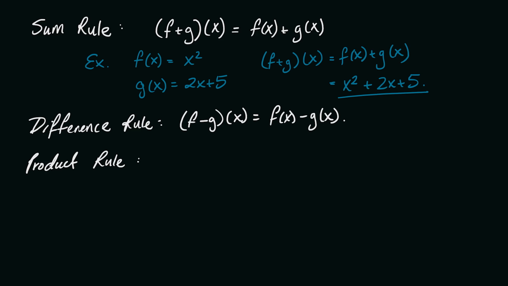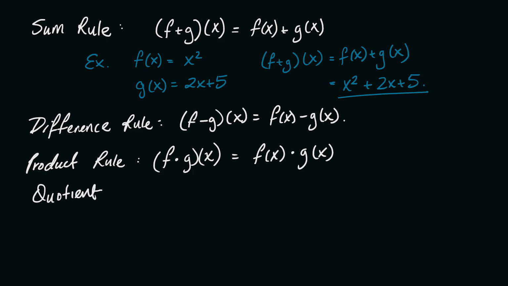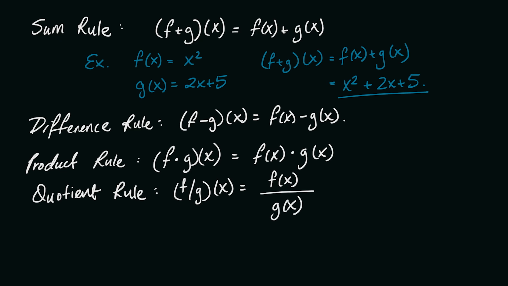The product rule is just (f · g)(x) equals f(x) times g(x). And lastly, we have our quotient rule. Quotient rule is just (f/g)(x) equals f(x) over g(x), right?